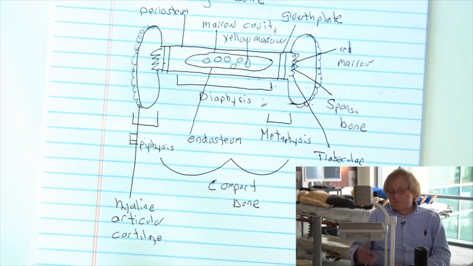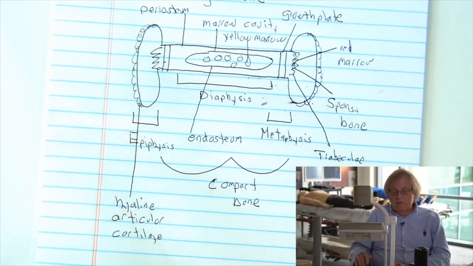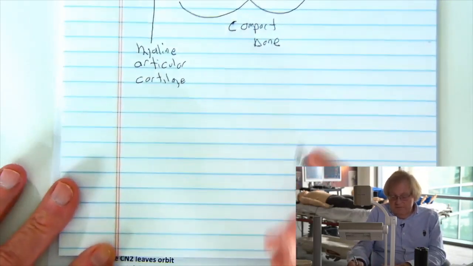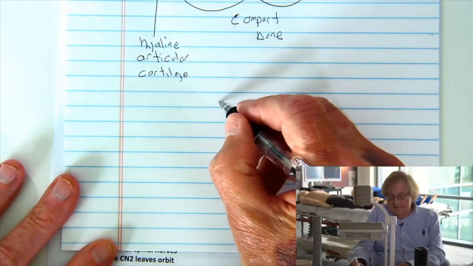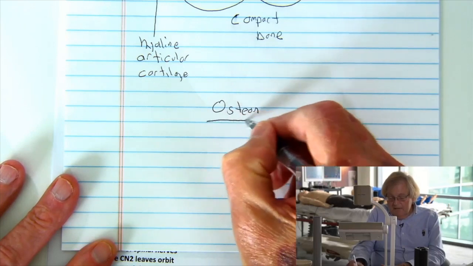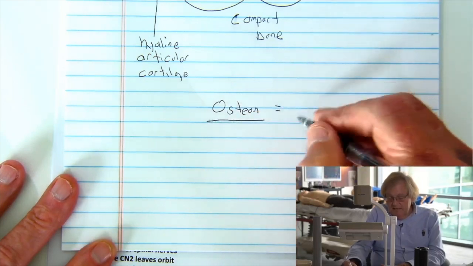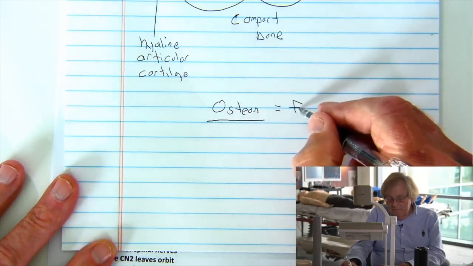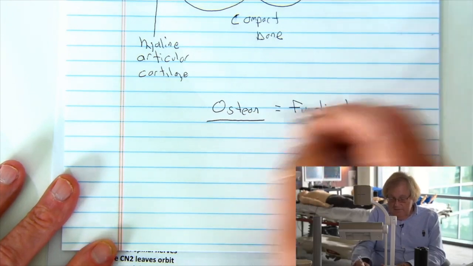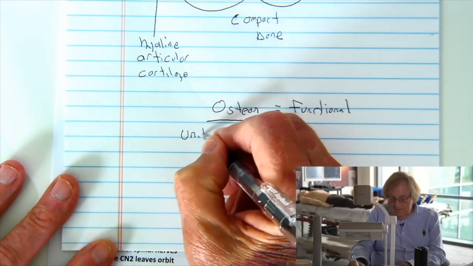The second thing, before I move on to these questions, I want you to understand that when we look at compact bone under a microscope, we see something called an osteon. An osteon is considered the functional unit of compact bone.